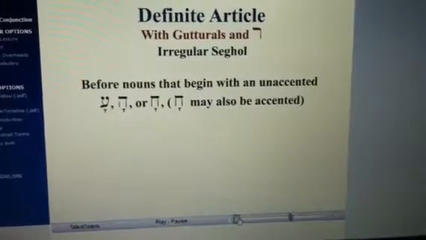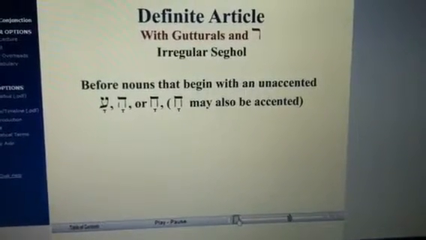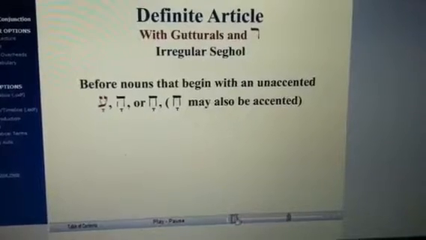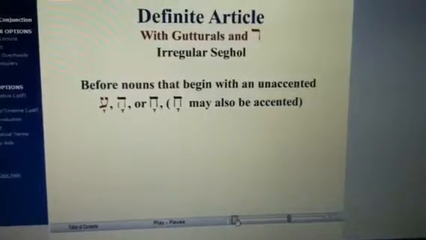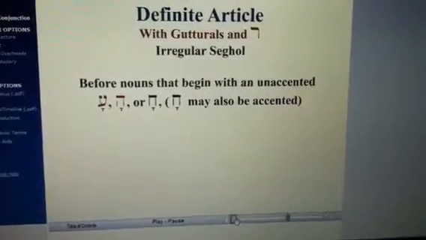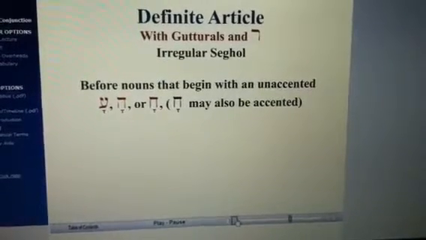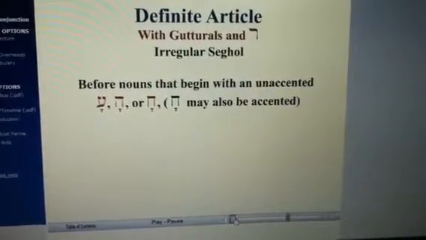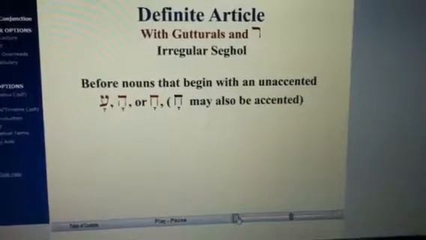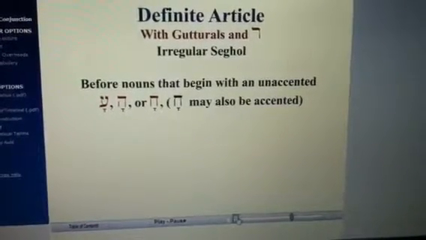Before nouns that begin with an unaccented ayin with qamets, hey with qamets, or het with qamets, and we should note that het with qamets may also be accented.